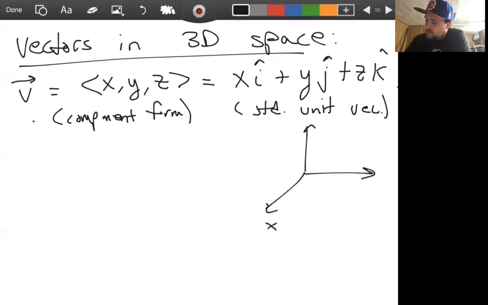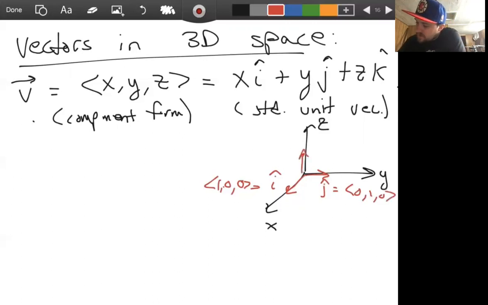We have x, y, z. We have i hat in the x direction, which is of length 1, right? This is the vector <1, 0, 0>. We have j hat, which is the vector <0, 1, 0>. And then we have k hat, which is the vector <0, 0, 1>.